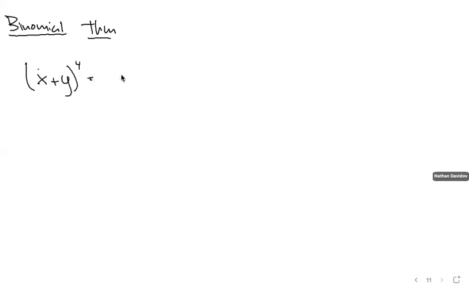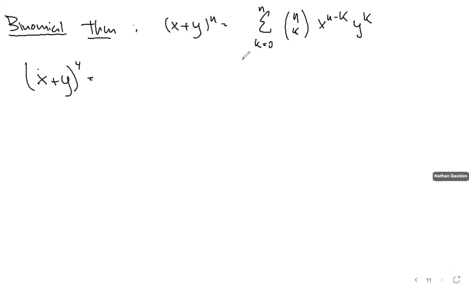Remember what the binomial theorem says. It says x plus y to the nth power is the sum from k equals 0 to n of n choose k, x to the n minus k, y to the k.